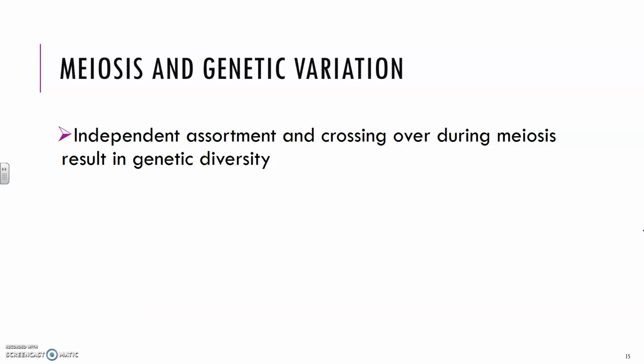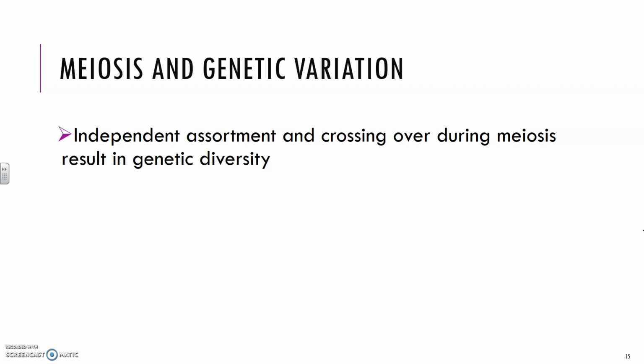All right, so we're going to finish this up here real quick. So independent assortment, the idea that the chromosomes will separate without worrying about what chromosomes they're getting sorted out with, and the process called crossing over that happens during meiosis, results in that genetic diversity.